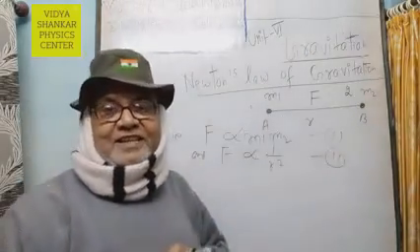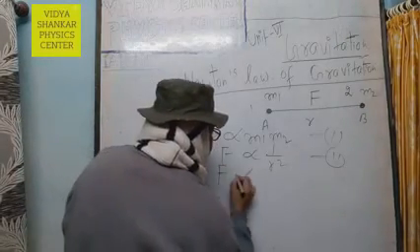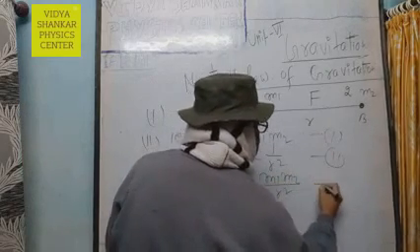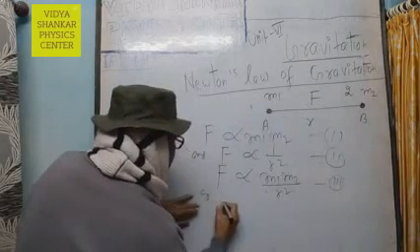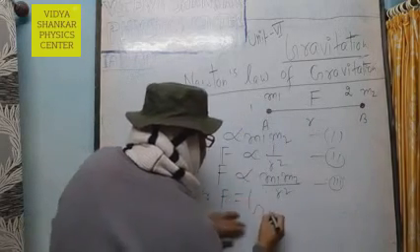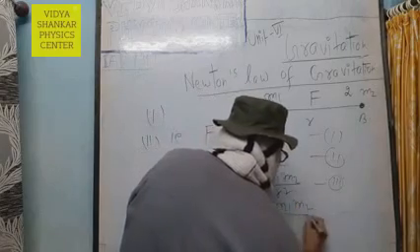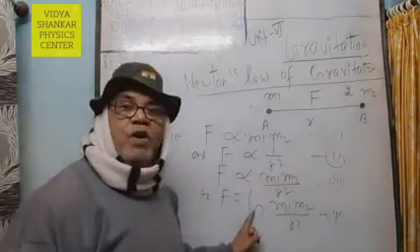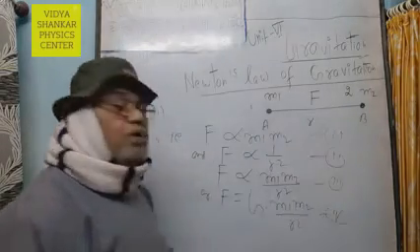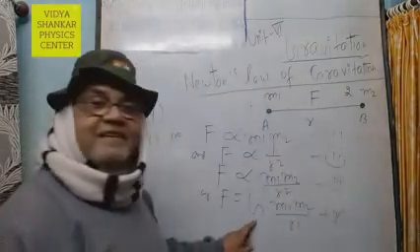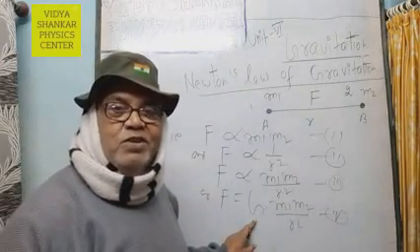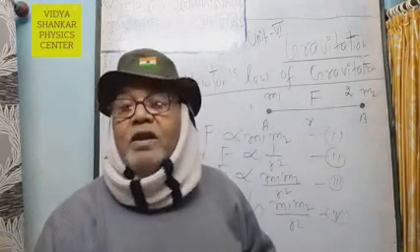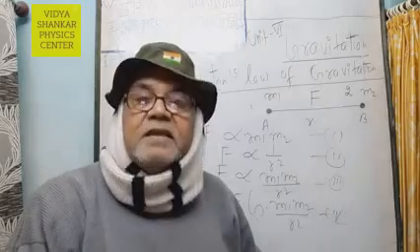Combining both equations, F is directly proportional to M1 M2 and inversely proportional to R square, or F equals G M1 M2 upon R square, where capital G is a constant quantity which is called the gravitational constant, or universal constant, or universal gravitational constant.